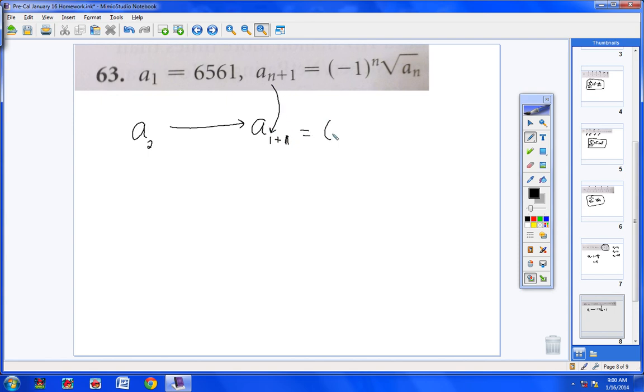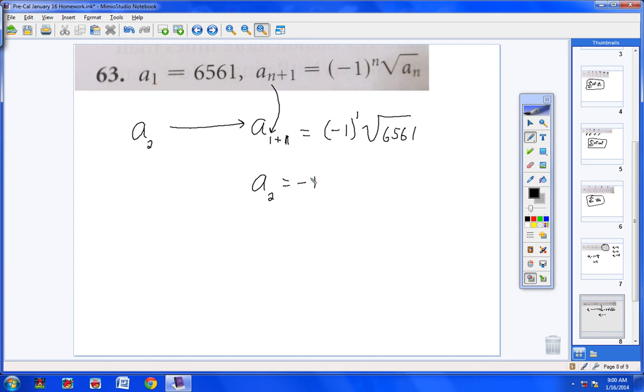So equals, so here's an n right here. I'm going to put a 1. And then the square root of a subscript n, which is a subscript 1, which is 6,561. Now, 1 plus 1 is 2, so the second term equals -1 to the 1 power, which is -1.